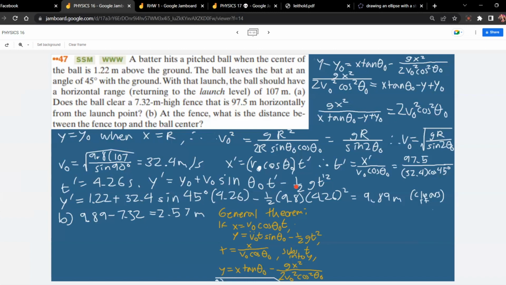So when x equals r, y equals y naught. Give it a name: return to launch condition is x equals r, y equals y naught. Para lang clear sa nanggaling yun.